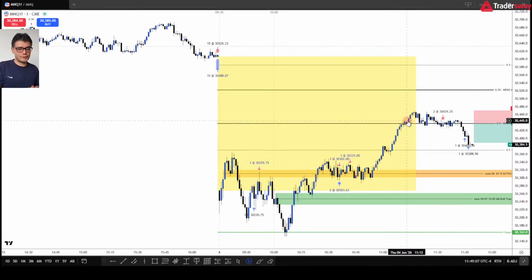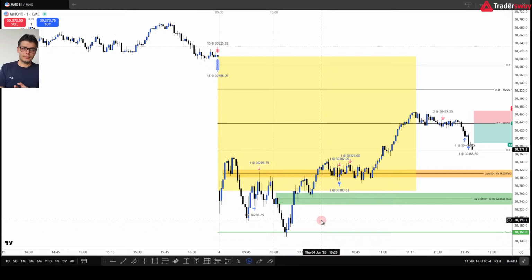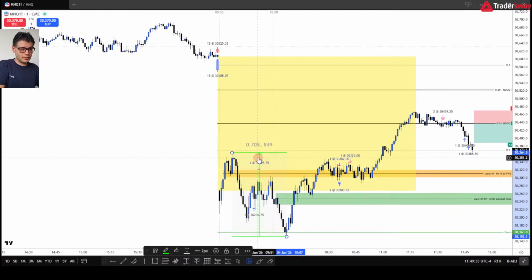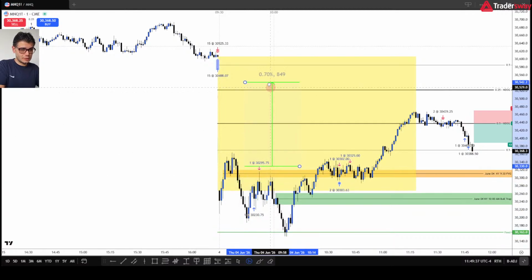What I did was I said we had a sell-off, and if this sell-off was a fuel to push the price higher, how long or how far can it go? And do we have any confluence or conjunction in this scenario? So I simply use my measure method that says 70%. So 70% is here.